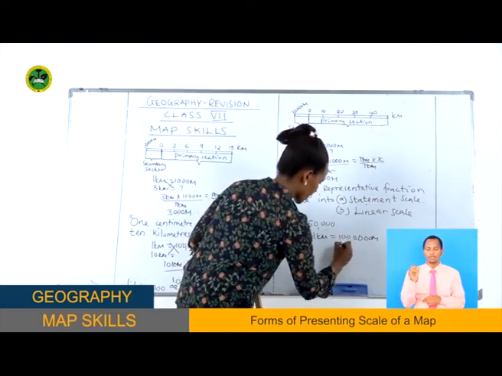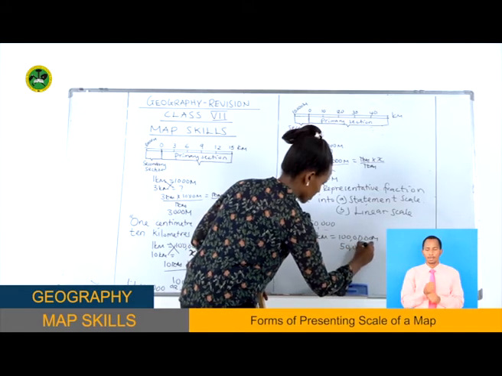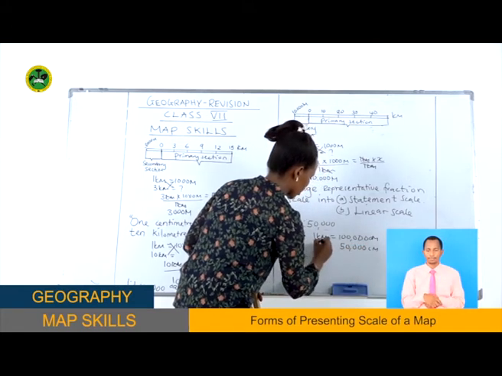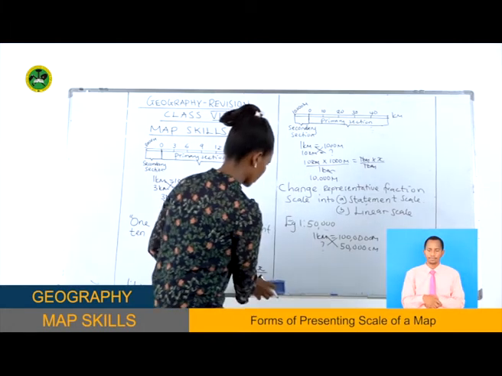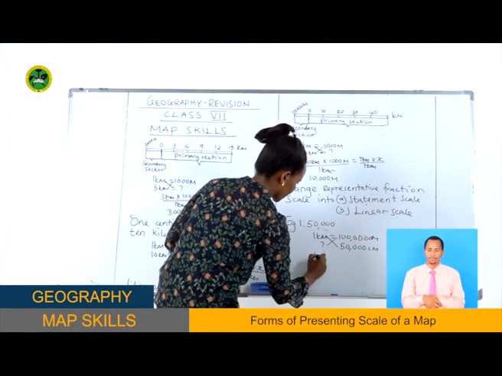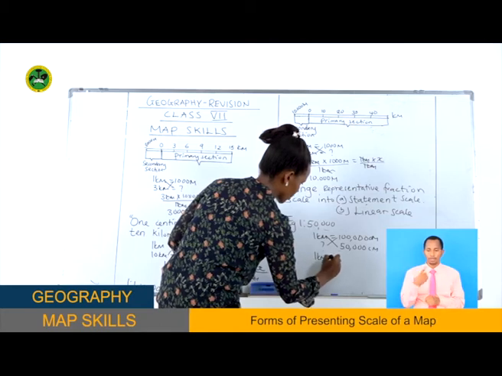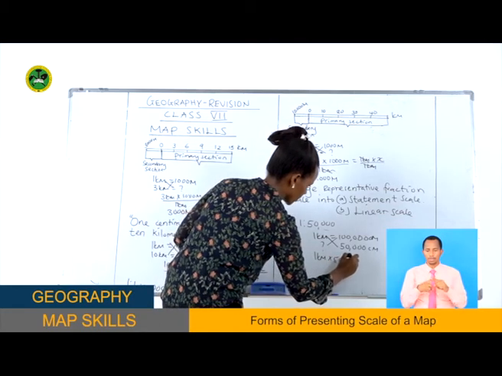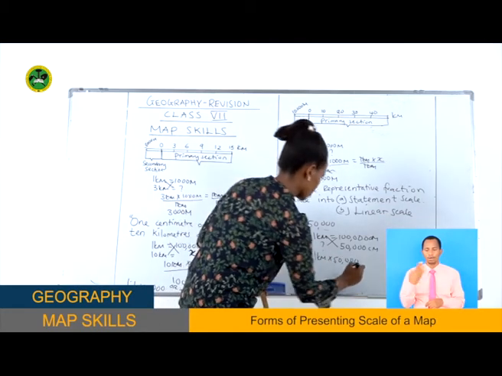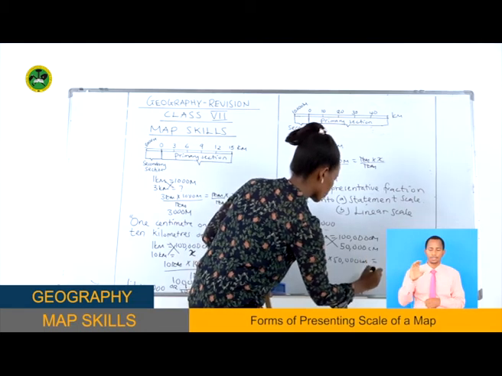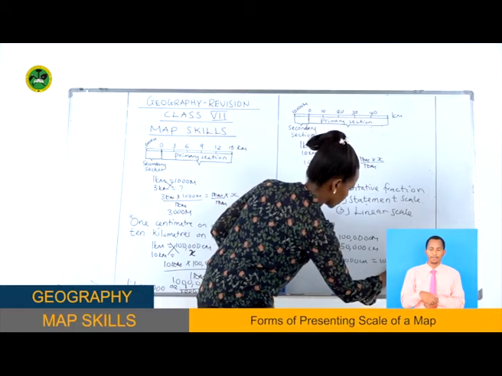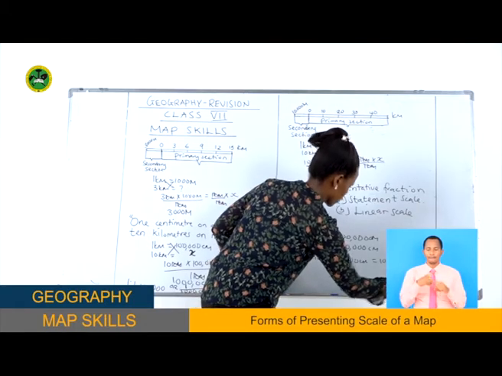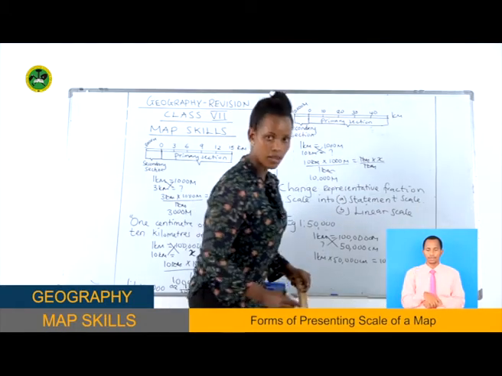You put it on the side of centimeters. It will be how many kilometers? Then 1 kilometer goes with 100,000 centimeters, and 50,000 centimeters is equal to 100,000 times x, which we are looking for in kilometers.